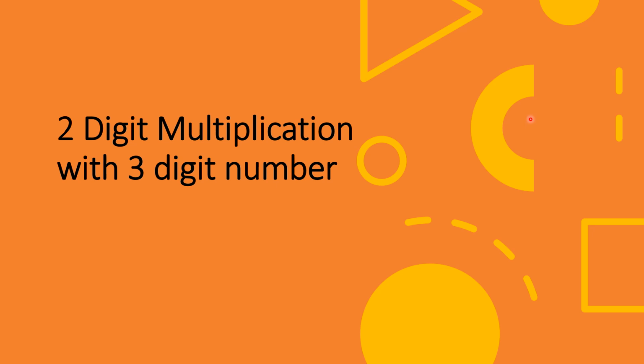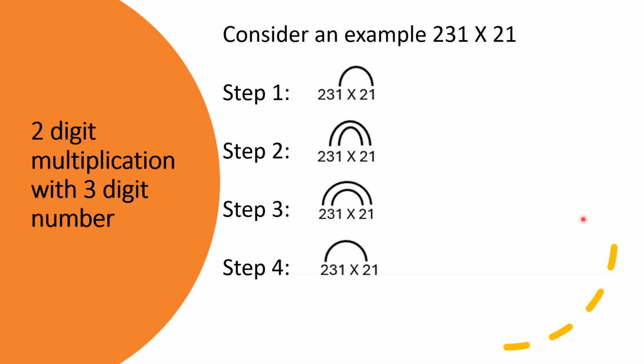Now a two-digit number multiplication with a three-digit number, and a three-digit number multiplication with a two-digit number. In step 1 we obtain the result of the first pair, and in the second step it will be two pairs.